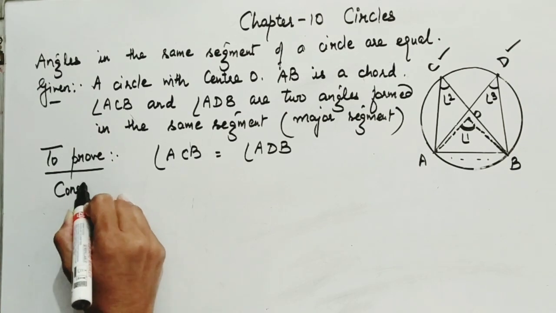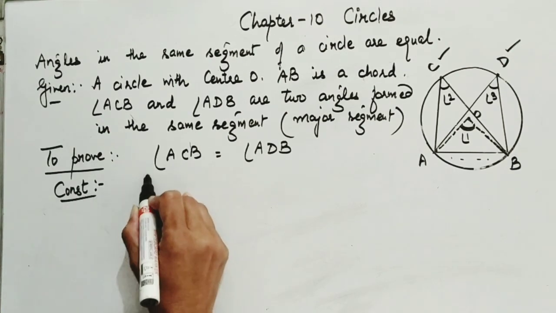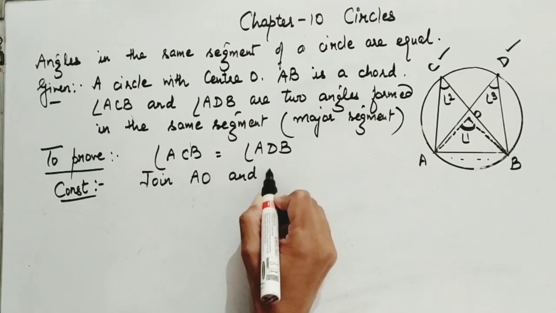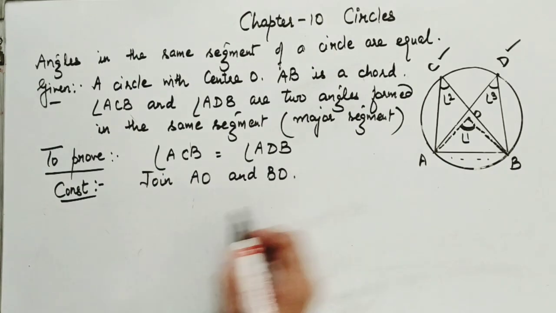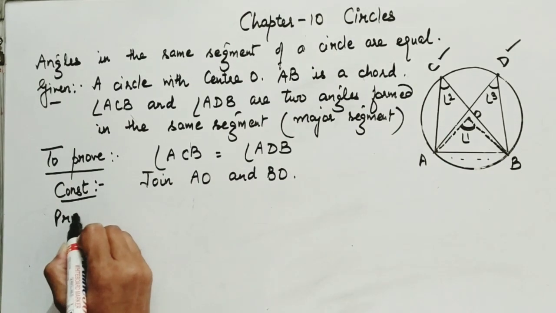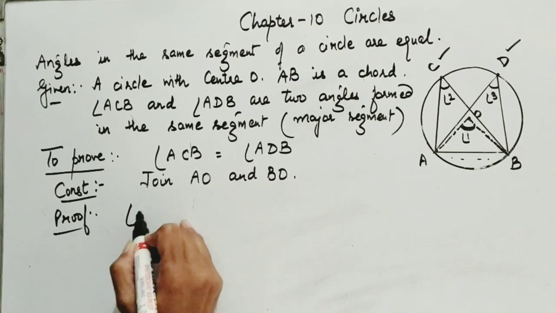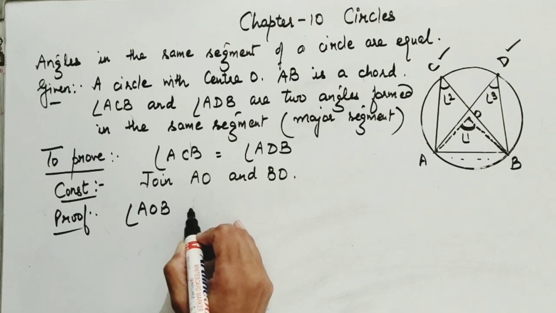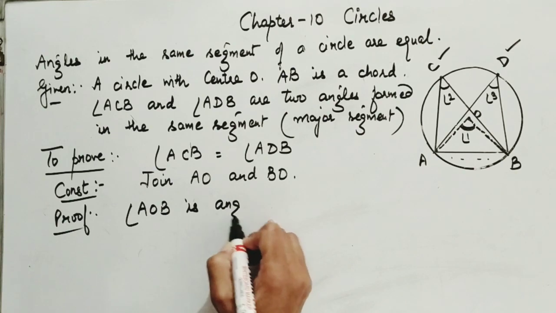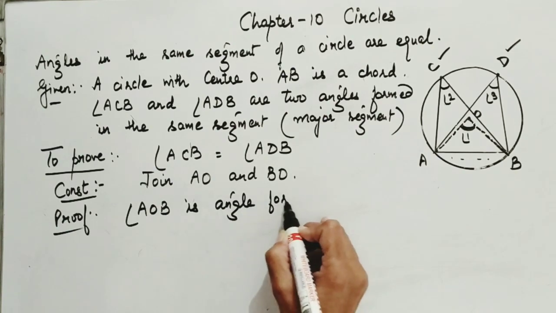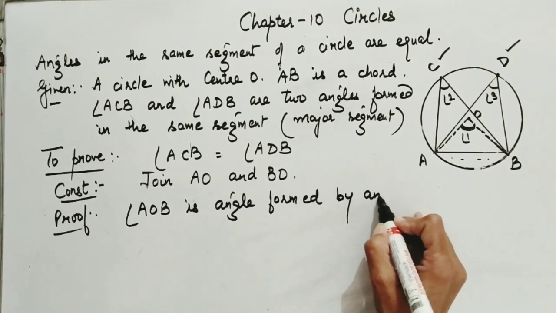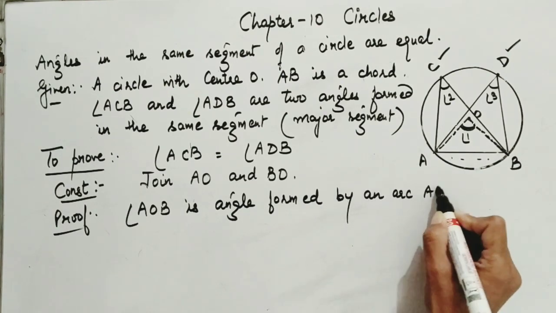Construction: join AO and BO. Proof would be angle AOB is the angle formed by an arc AB at the center.